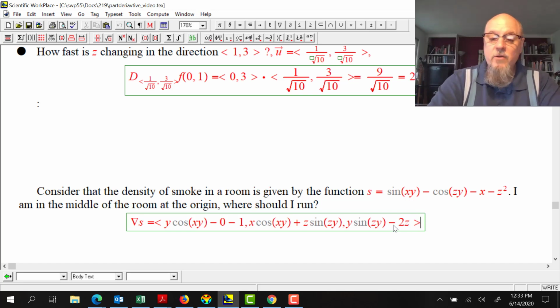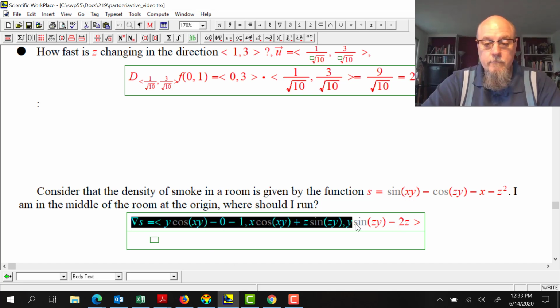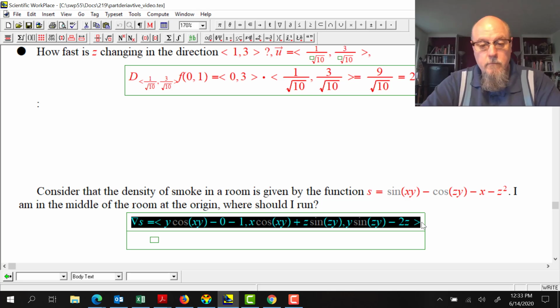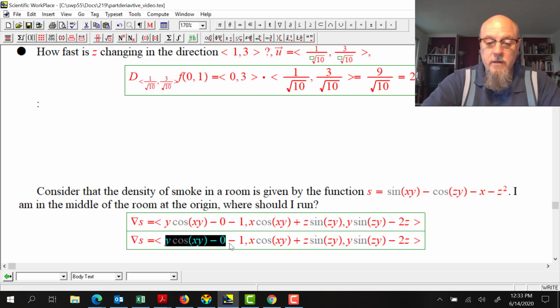Okay, there's my gradient vector, but I need this evaluated at the origin. So x equals 0, y equals 0, z equals 0. When I make y equal to 0, this whole thing disappears.